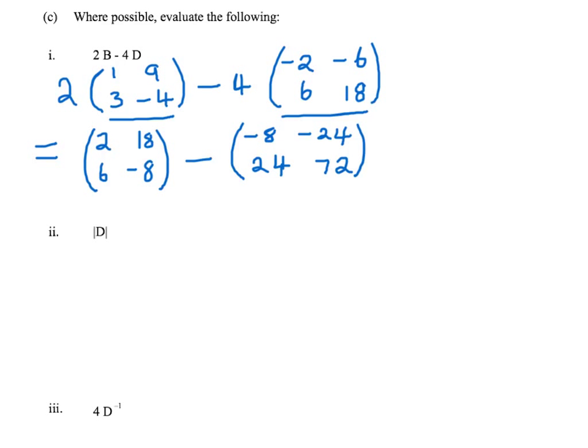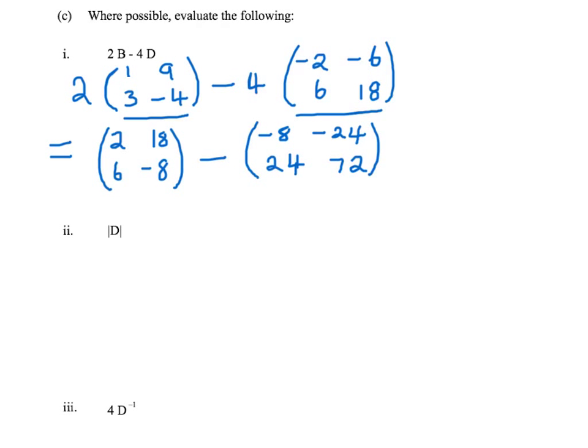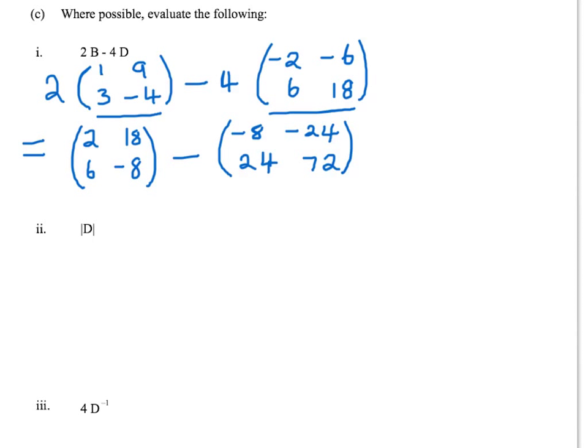Now to do the subtraction, what we do is, we subtract corresponding entries. So the first subtraction will be 2 minus and minus will give me a plus, and the value is 8. So 2 plus 8 is 10. The next one is 18, and 18 minus and again minus will give me a plus.